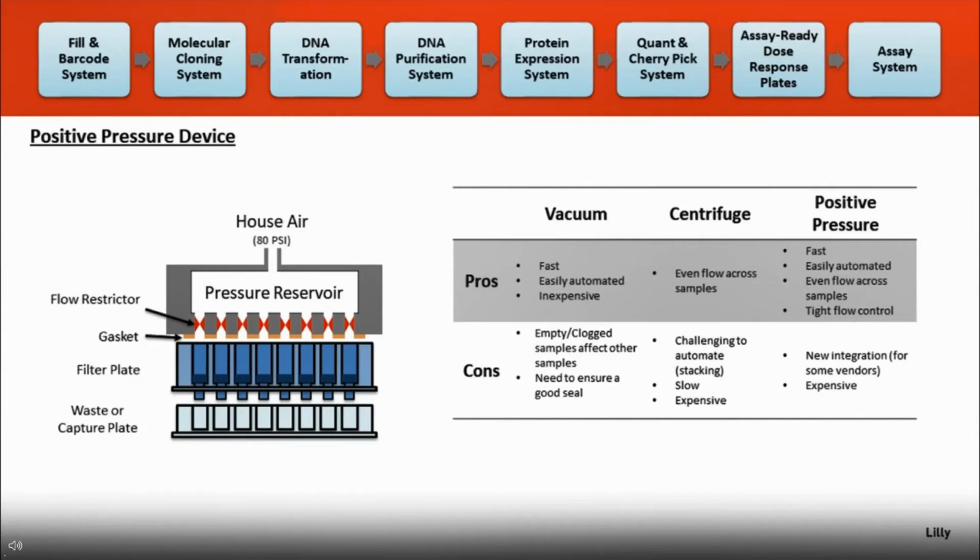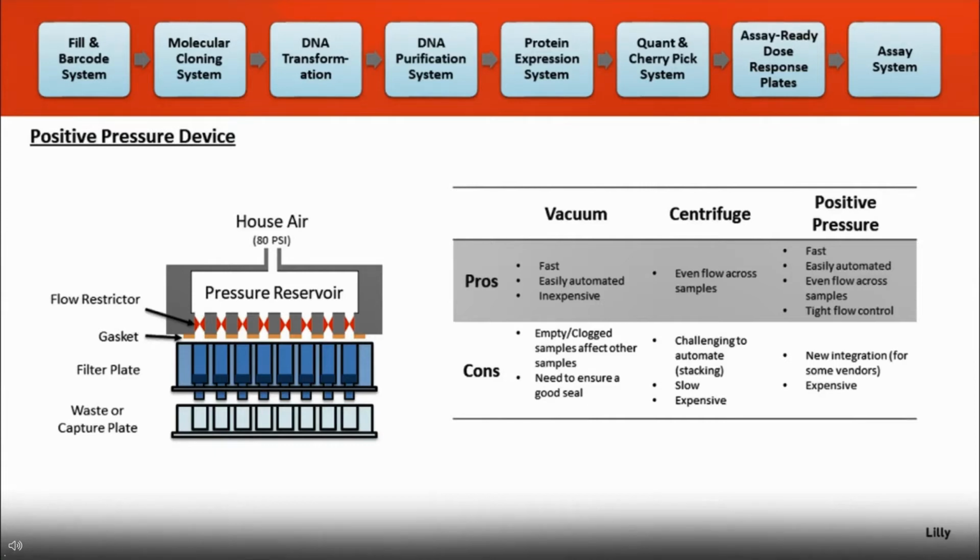So while vacuum is very inexpensive and easy to automate, it has some quality and reliability issues that we would be concerned about. And with the centrifugation method, you do get even flow across all samples, but it is a bit more challenging to automate stacking and unstacking, and the waste associated with plates going in and out of the centrifuge.